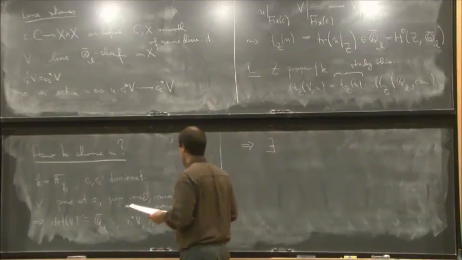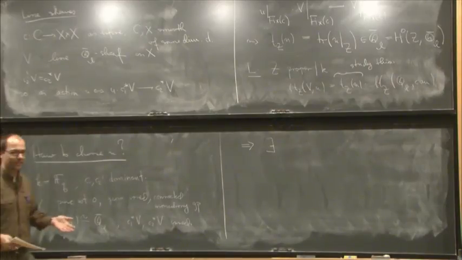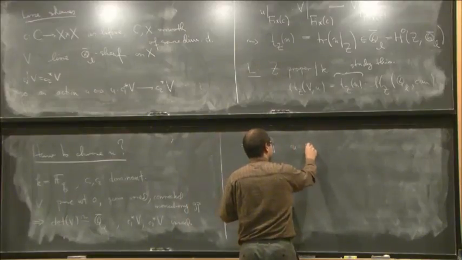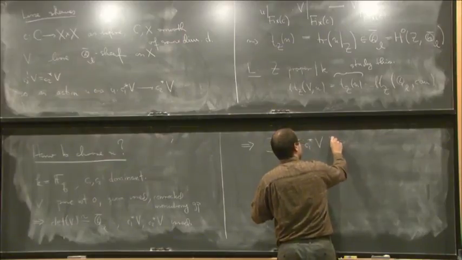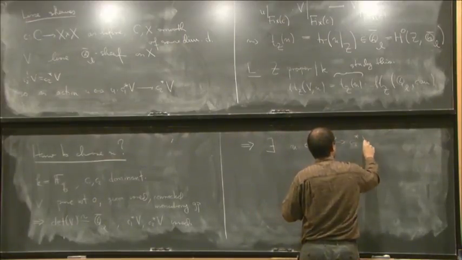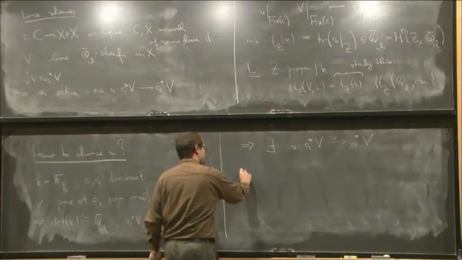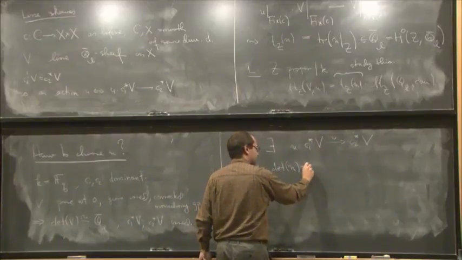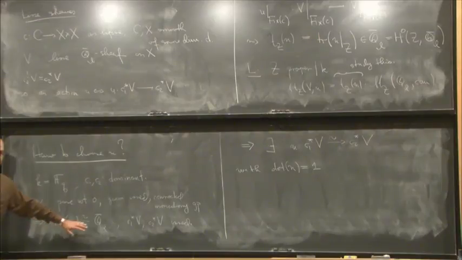Because these are irreducible, it's a yes or no question: are they isomorphic or not? But the point is that if they are isomorphic, you can choose an isomorphism. And the good normalization is with the determinant of u being 1. This makes sense even though this isomorphism is not canonical.